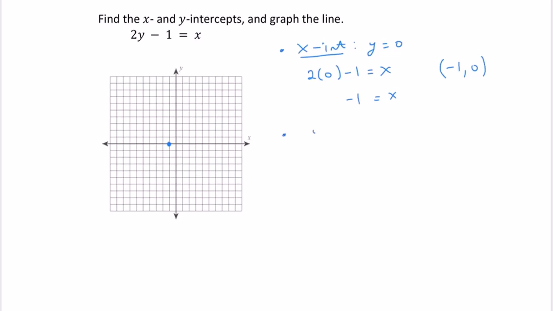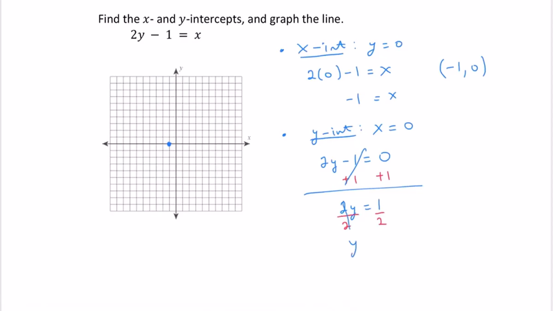Let's get the y-intercept. So x needs to equal 0. So we have 2y minus 1 is equal to 0. Plus 1 over. So 2y is equal to 1. Divide out the 2.